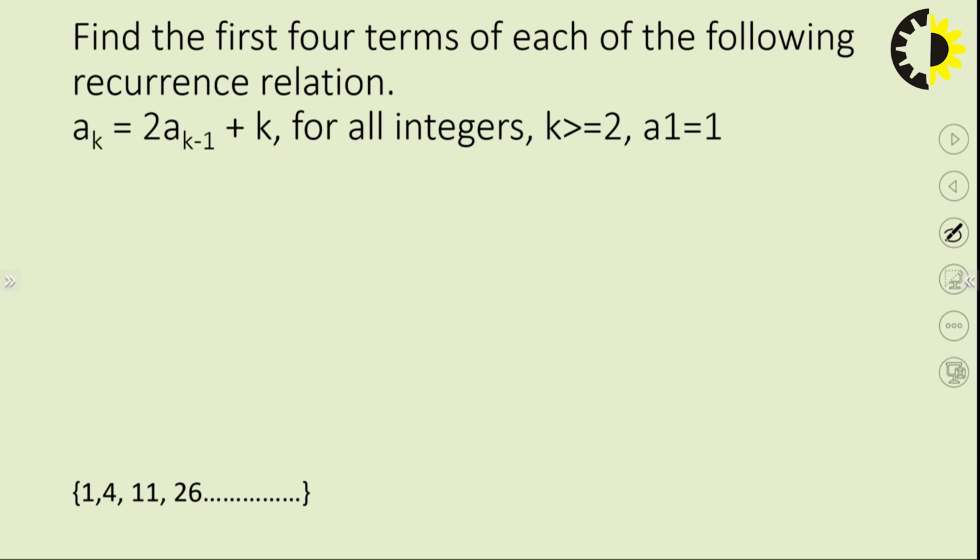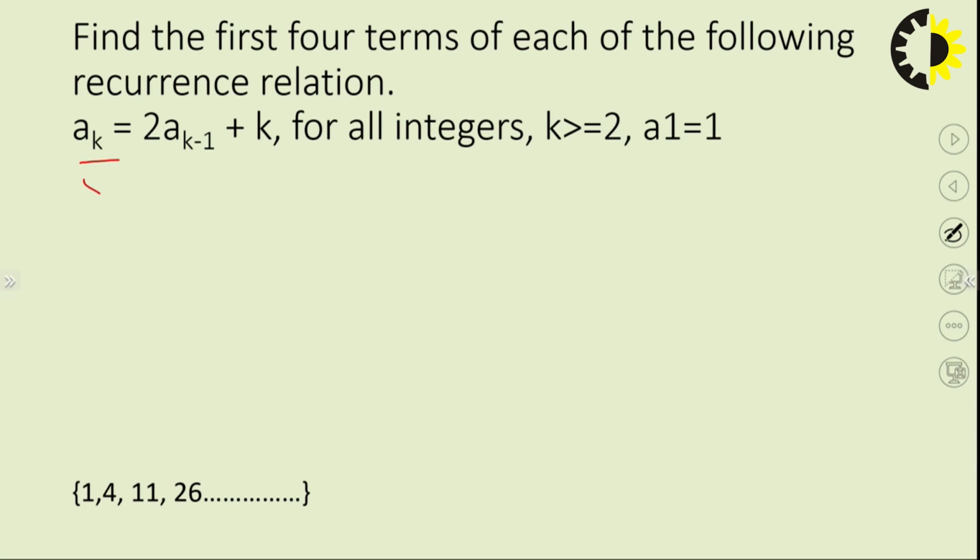Now, here I have one more example for the same, that is find the first 4 terms of each of the following recurrence relations. So, the recurrence relation which is given to me is a_k is equal to 2a_(k-1) plus k for all integers k greater than or equal to 2, and the first term a_1 is given to me as 1.